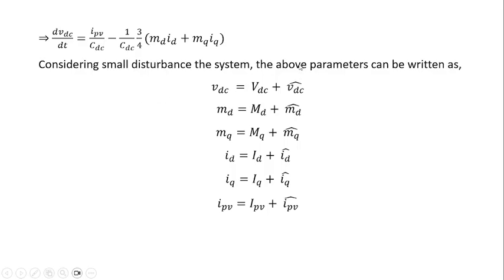Considering a small disturbance in the system, the above parameters can be written like this, where VDC is the DC link voltage, MD, MQ are the modulation indices in D and Q axis, ID and IQ are the grid side AC currents in D and Q axis, and IPV is the PV current.